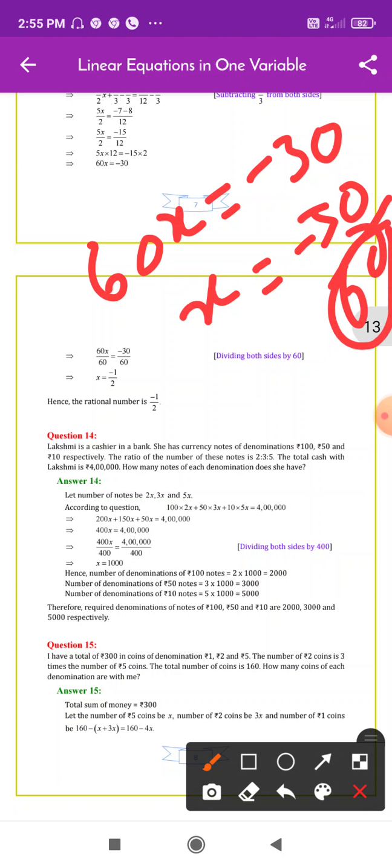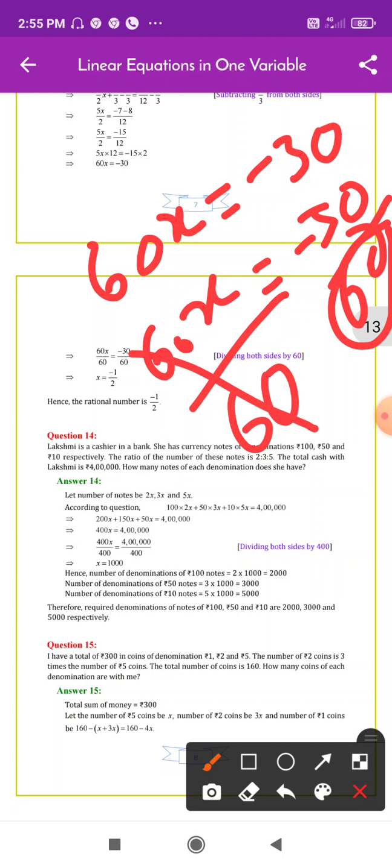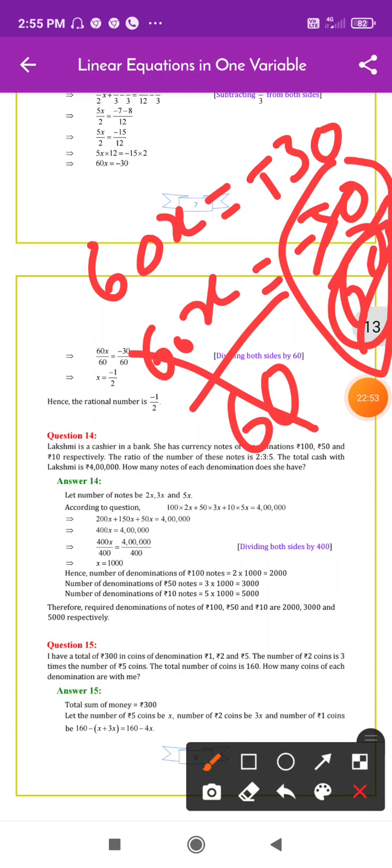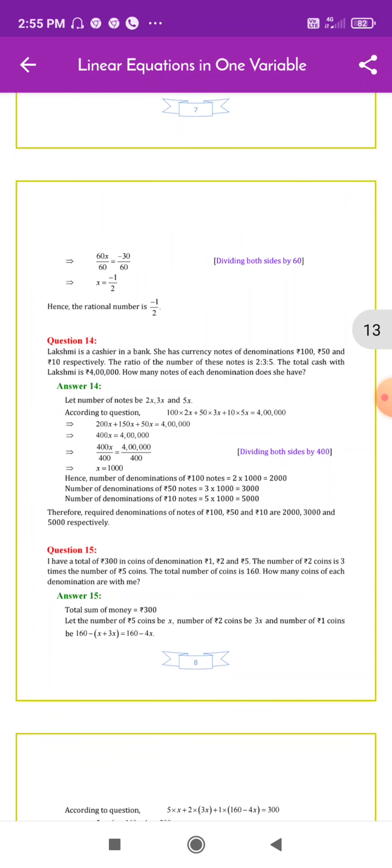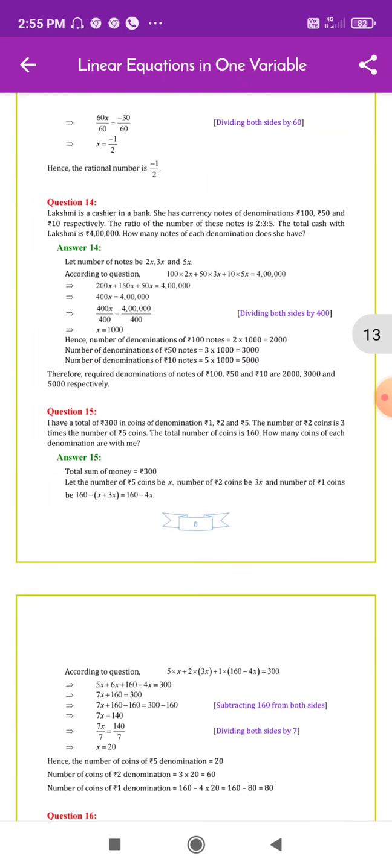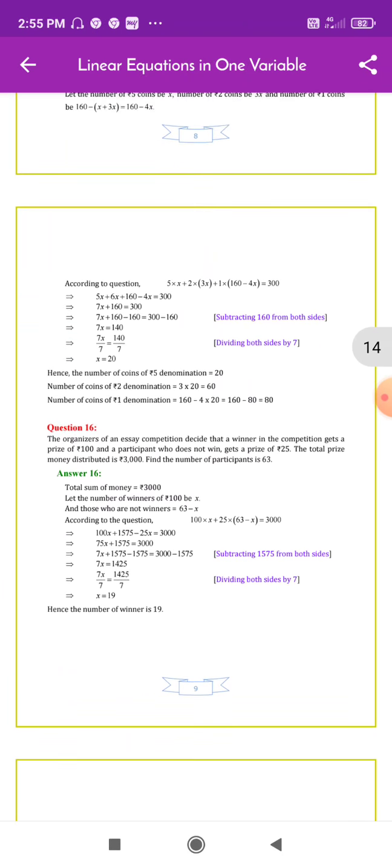It means that 60 will be divided, so we have to divide both sides by 60. This 60 will go, and x equals what will remain, that is minus 30/60. We have to cut this, so what will remain, that is minus 1/2. Yes or no? So the rational number is x equals minus 1/2. Have you understood students? Now question number 14 and 15 are there.